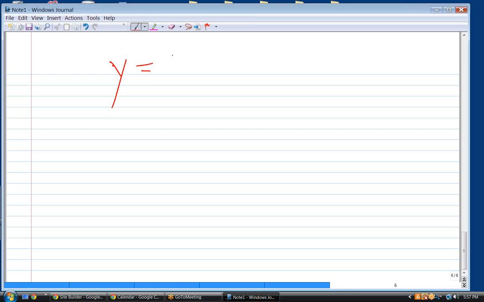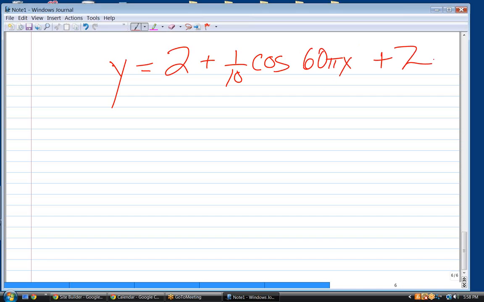2 plus 1/10 cosine 60 pi x. Let's start by putting the 2 on the other side. Now we have it in standard format. B is what? B is 60 pi.